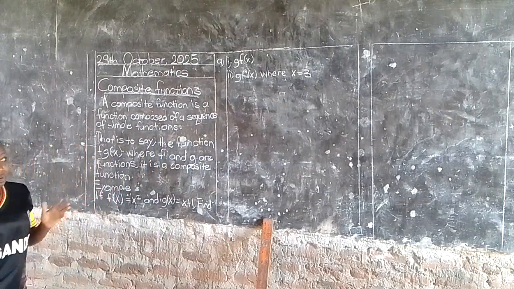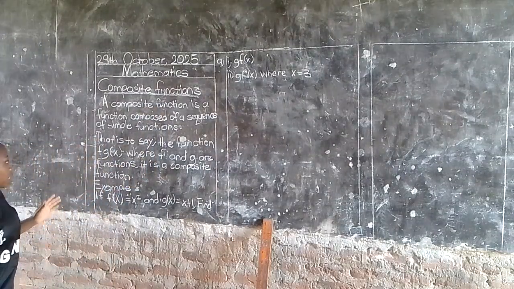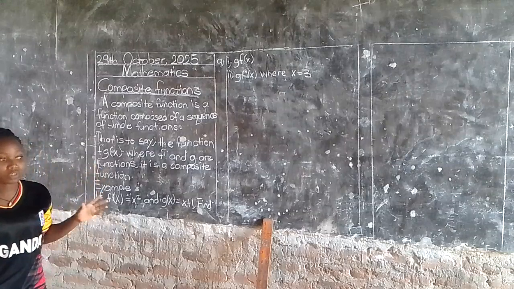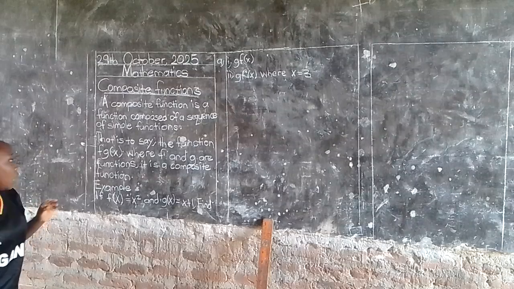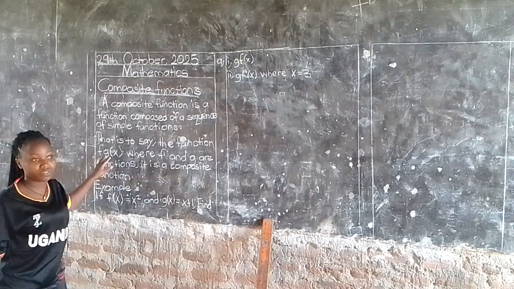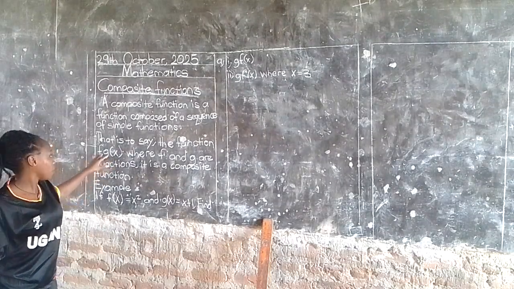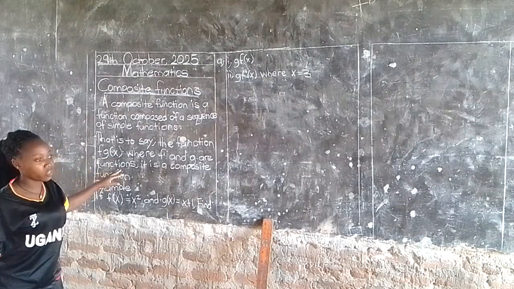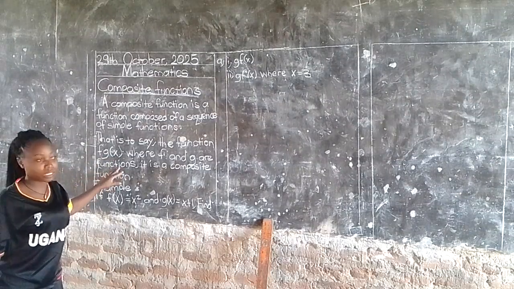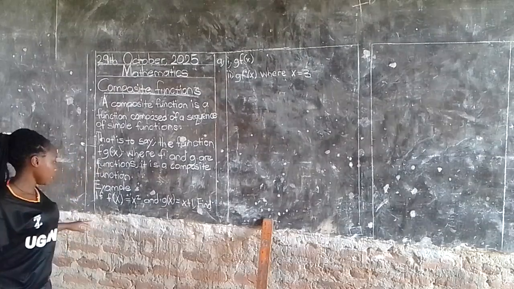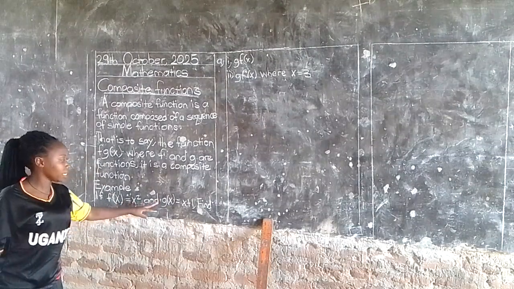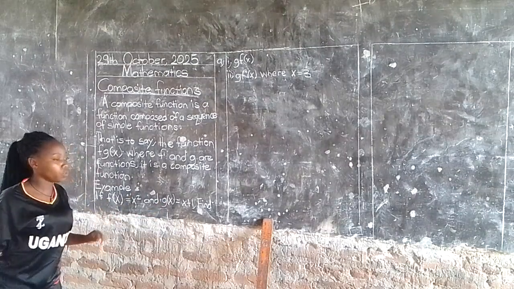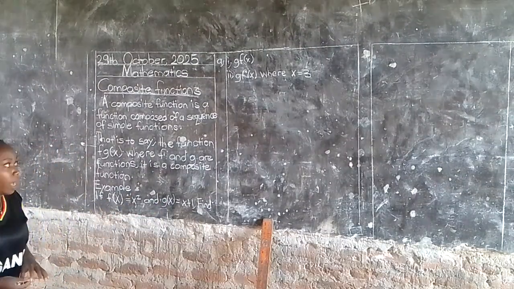Remember, we are dealing with composite functions, and we say that a composite function is a function composed of a sequence of simple functions. If we have fg of x, f and g are the simple functions, so they make a composite function. They have given us f of x equals x squared and g of x equals x plus 1.